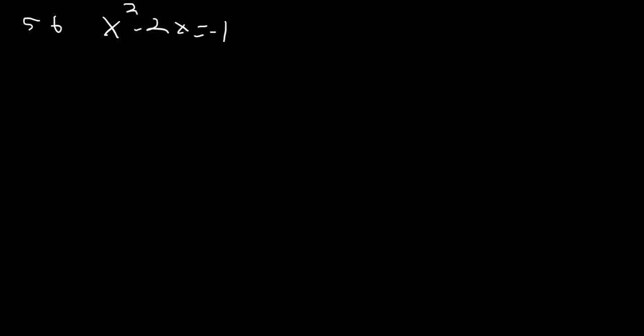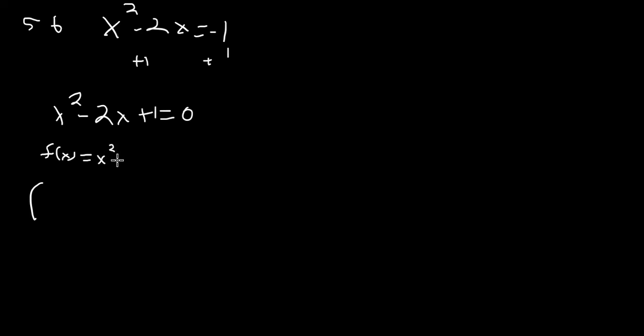For 5b, we have x squared minus 2x is equal to negative 1. We want to solve it by graphing. We're going to add 1 to both sides to make the left-hand side in standard form. So we have x squared minus 2x plus 1 is equal to 0. Now we are going to find its vertex. If we say this is f of x is equal to x squared minus 2x plus 1, the vertex is negative b over 2a, and then f of negative b over 2a.